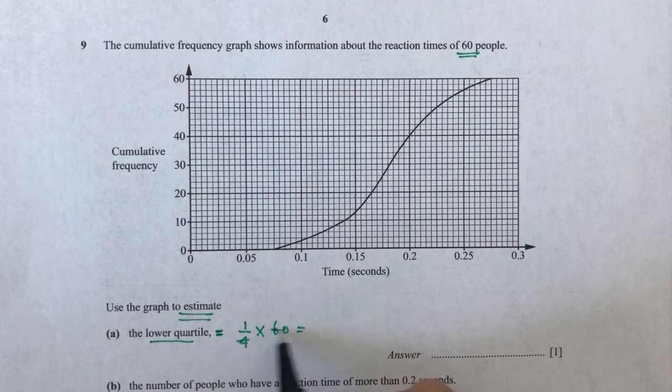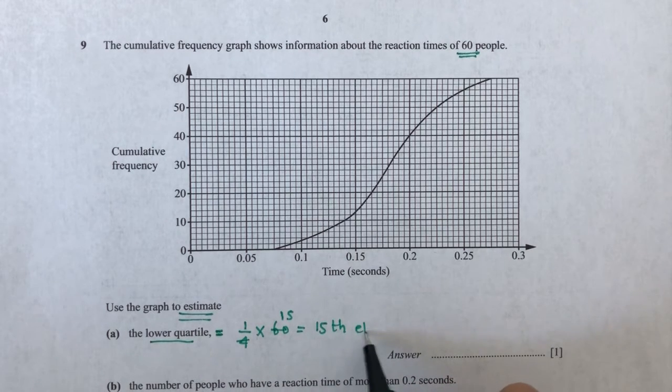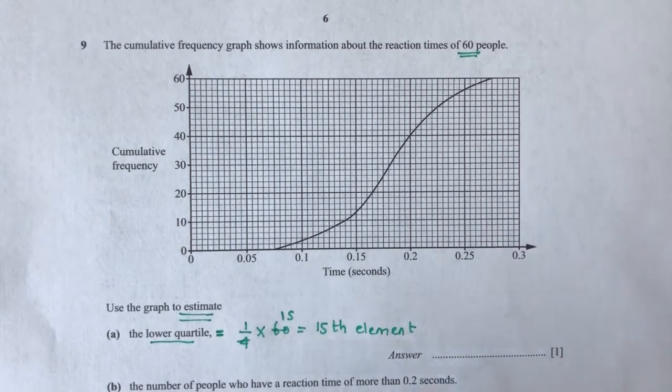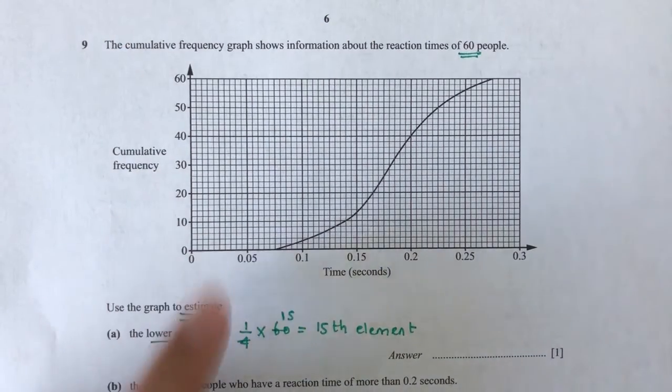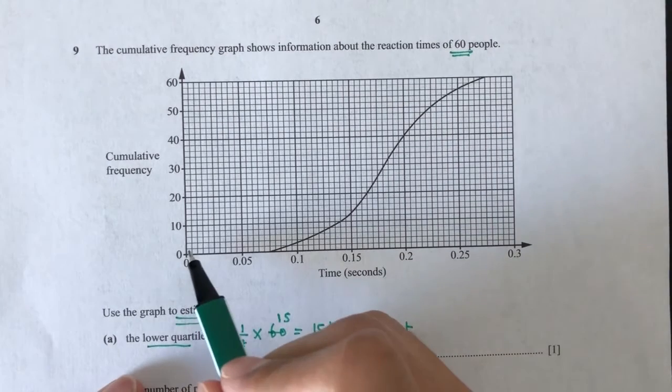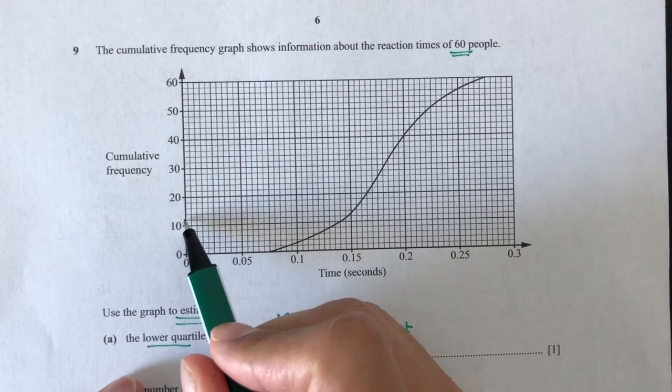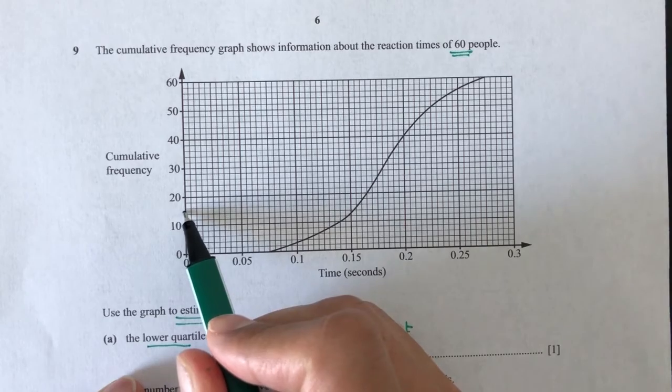So that will be 15. So lower quartile is the 15th element. We have to go on this side to find the 15th person. So we have 10, 12, 14, 15 will be here.